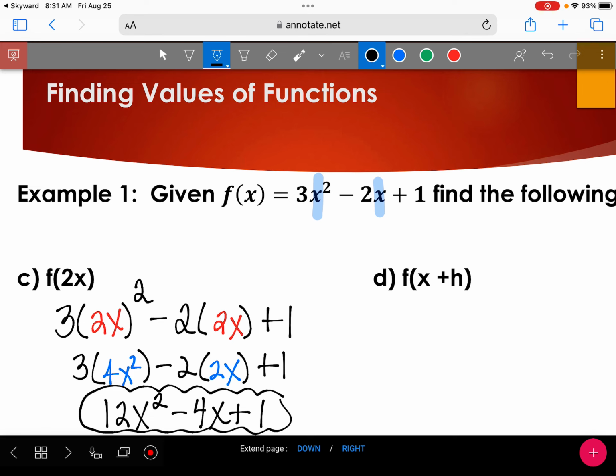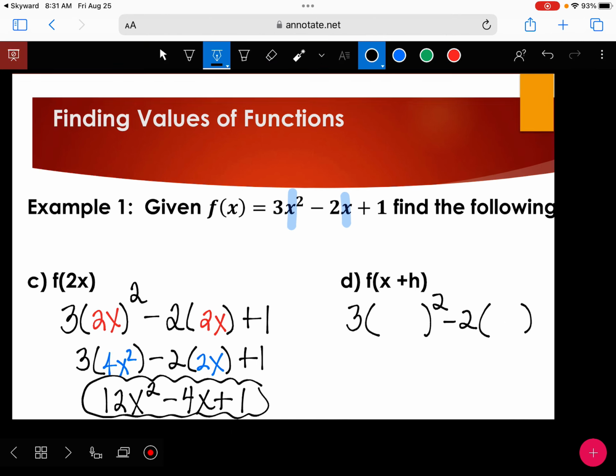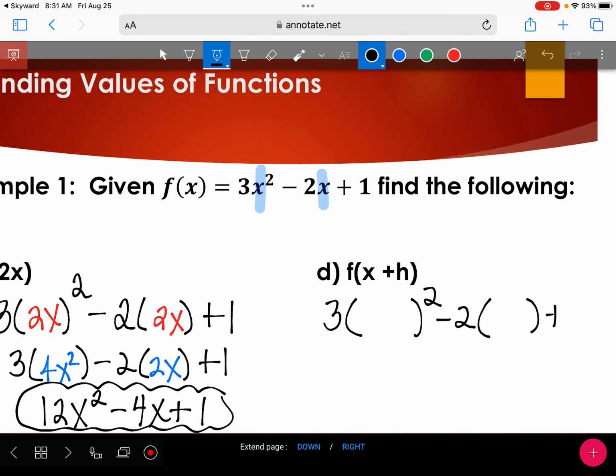So for D, we have x plus h. So I'm going to write this out again. And put in our x plus h. All right, make a box. Multiply x plus h times x plus h.